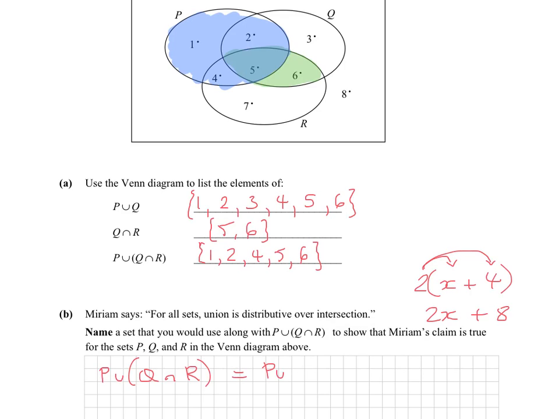So P unions with Q, and separately P unions with R, and then because the Q and R were intersected, we have these two separate sets intersected. Just like we did here, 2 multiplied by x and 2 multiplied by 4 to give you 8, and then we're adding our two separate parts together. Here, P unions with Q, P unions with R, and then we intersect our results.